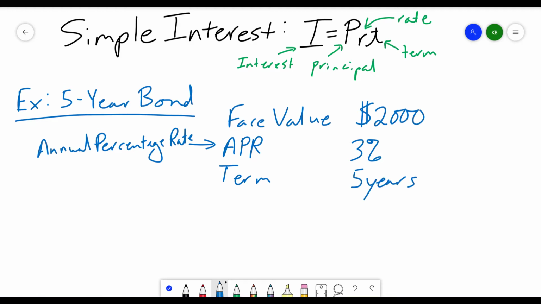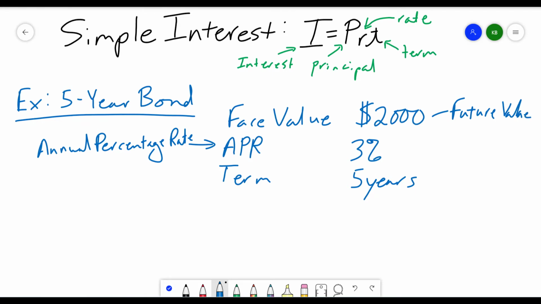So the face value of a bond is what it's going to be worth when we cash it out. So this is actually the future value of my bond. All right. So this is future value.